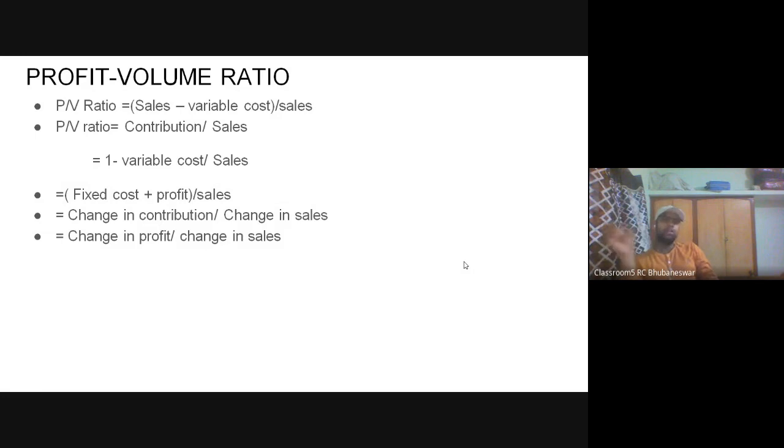So it is the equilibrium point where no profit, no loss will be there. So it is known as the break-even point. Okay. Next, instead of using change in contribution by change in sales, you can also apply the formula change in profit by change in sales. So these are the various alternatives. Depending upon the given information, you have to apply any one formula.